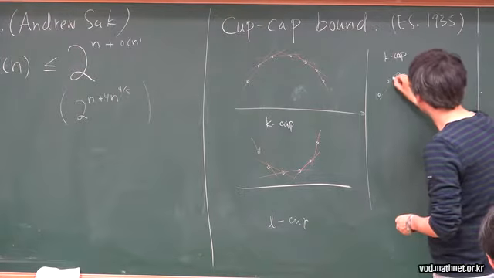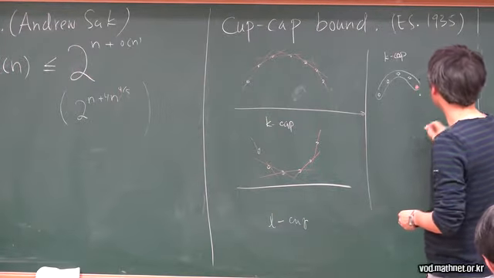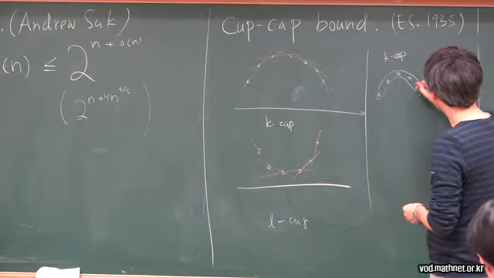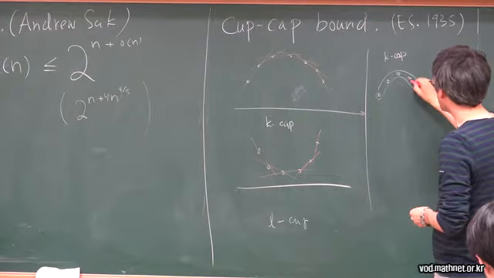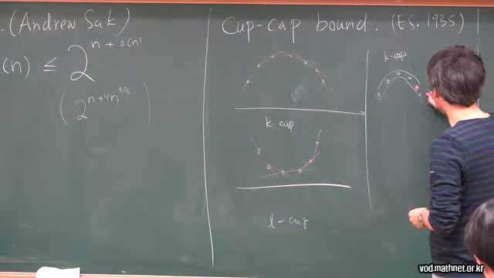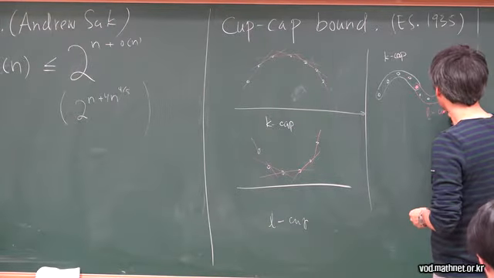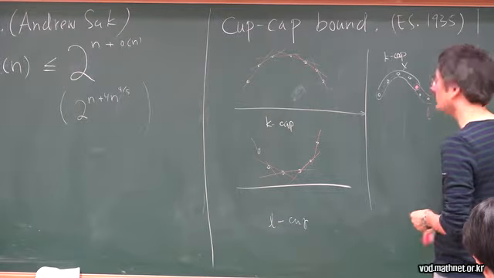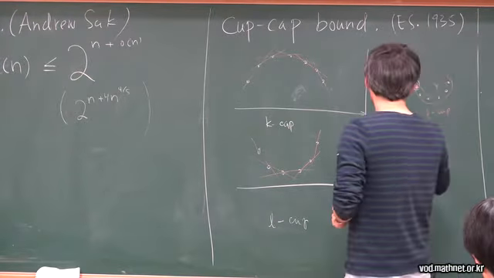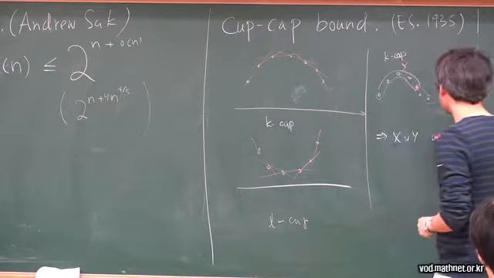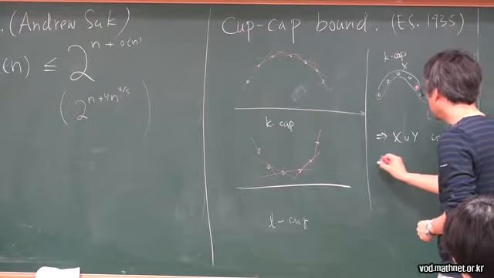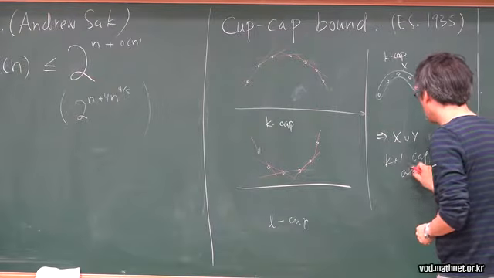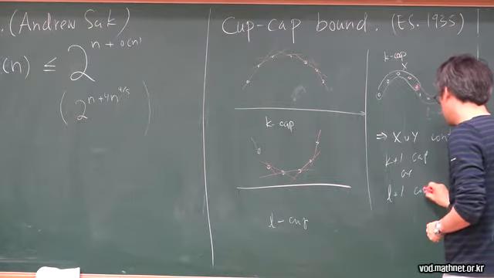So here is my cap, but the last point of the cap is also the starting point of a cup. Okay, so let's call this cap x and let's call this cup y. Then x union y contains either a k plus 1 cap or L plus 1 cup.